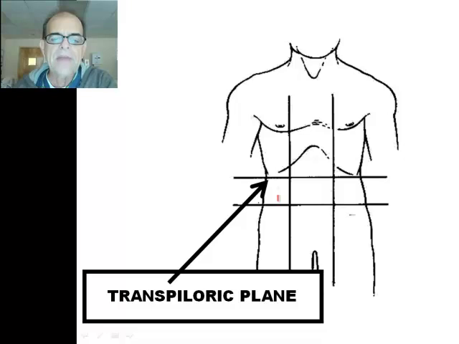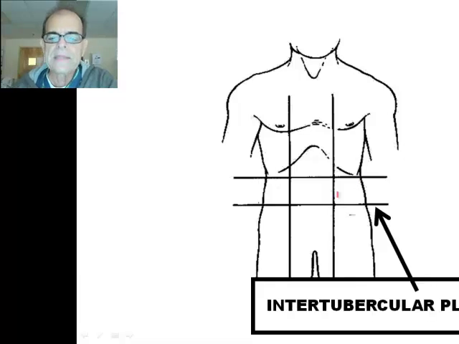The other line is called the transpyloric line because it is supposed to pass over the pylorus. Remember that the pylorus is the distal valve of the stomach. In reality, it comes behind the cartilage of the thoracic cavity. And the other is the intertubercular plane.